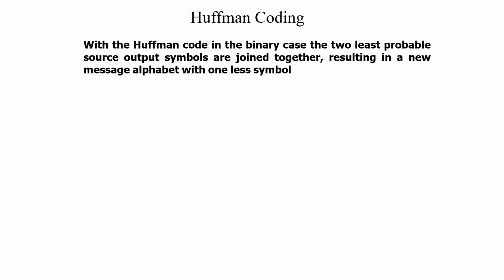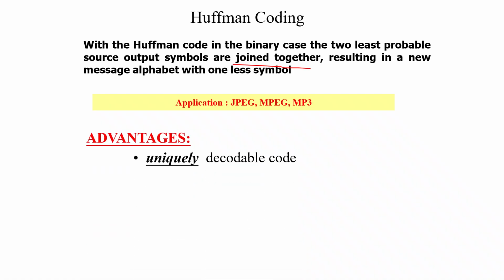So let's see one example. Huffman is one example of a source coding technique. With Huffman code, in the binary case, the two least probable source output symbols are joined together, resulting in a new message alphabet with one symbol less. As for example, applications are JPEG, MPEG or MP3.